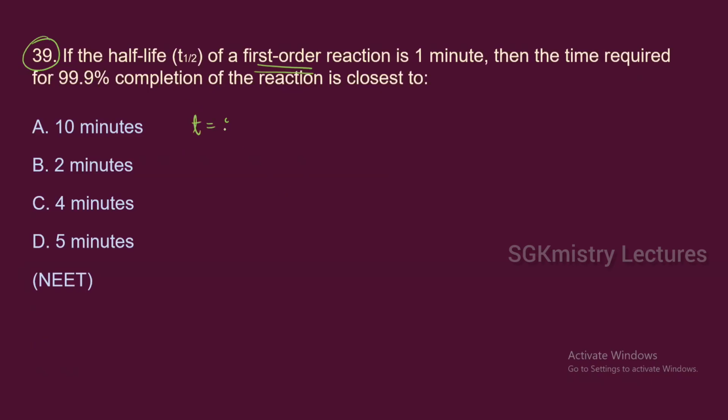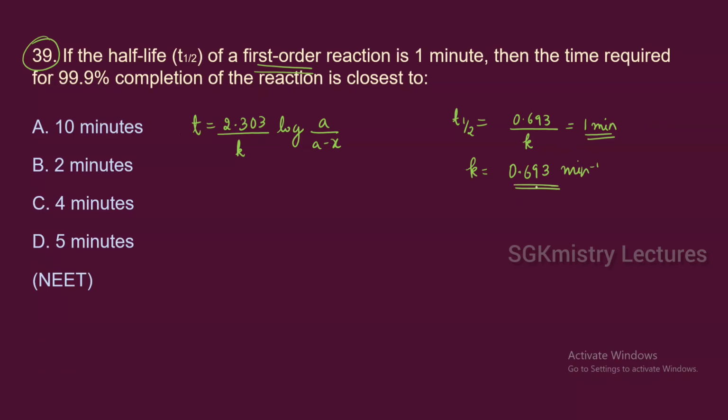So T is equal to 2.303 by K log of A by A minus X. Now, T half is given as 0.693 by K, which is equal to 1 minute. So T half is already given as 1 minute. Now, K is equal to 0.693 per minute, right? Here I can write K is equal to 0.693 minute inverse. So from this, we have the value of K.